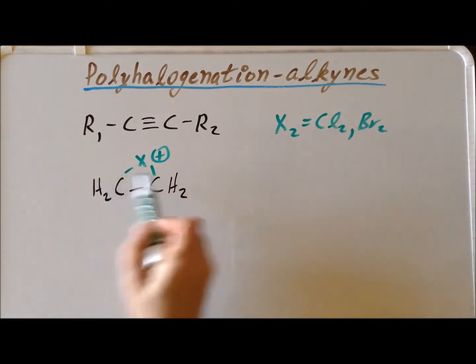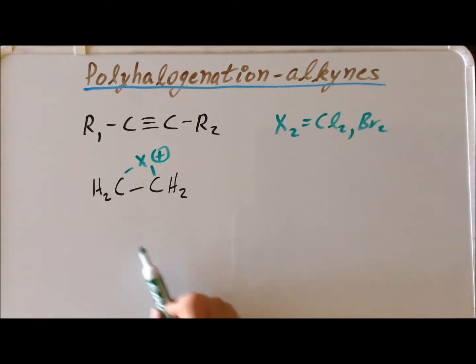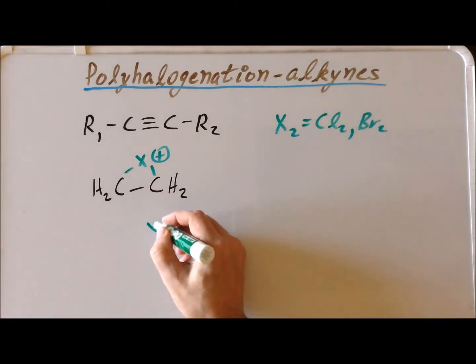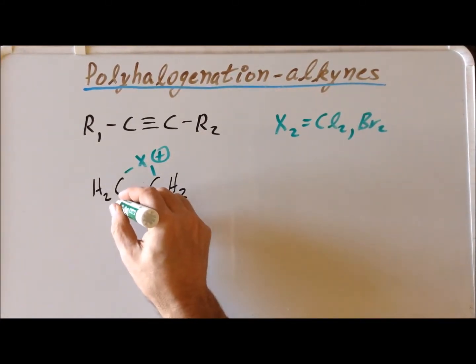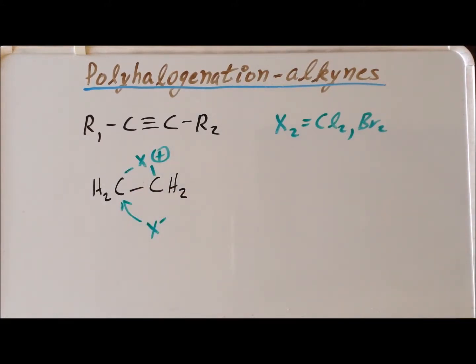So it forms this trigonal structure, and then we have anti-addition of the anion to one of the two carbons. So recall, that is what happens when we have an alkene.